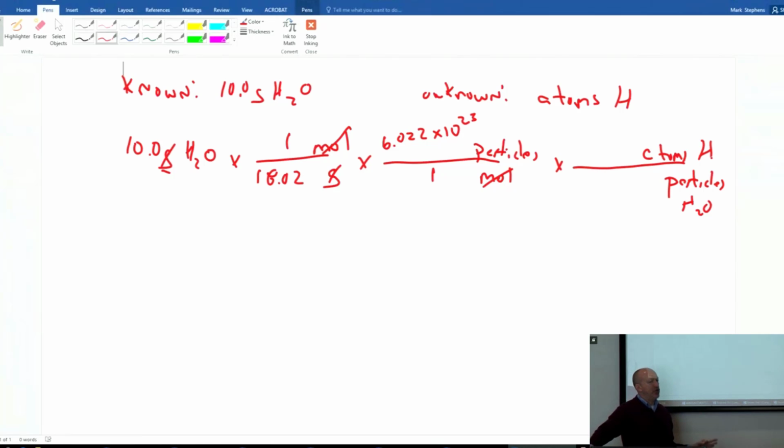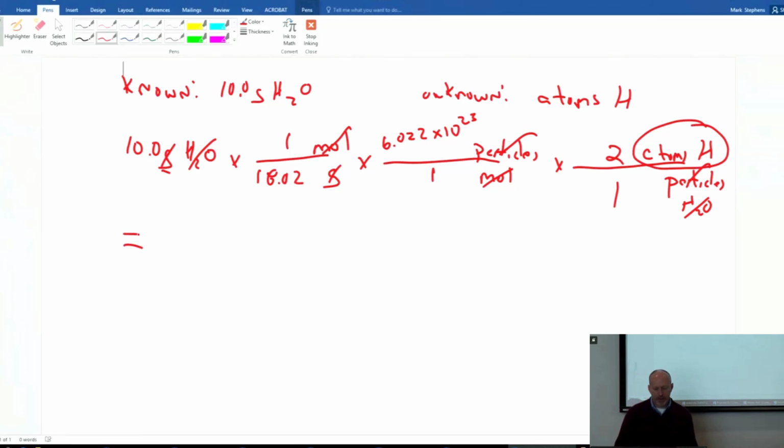How many hydrogens are in a water molecule? 2. So I'm looking at a ratio of 2 atoms of hydrogen to 1 particle of water. Particles cancel out, water cancels out, and all my units are gone except atoms of hydrogen. So now I simply punch all the way across. 10 divided by 18.02 times 6.022 times 10 to the 23rd times 2.